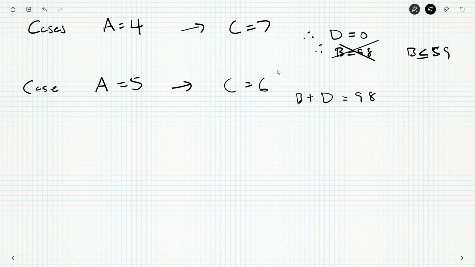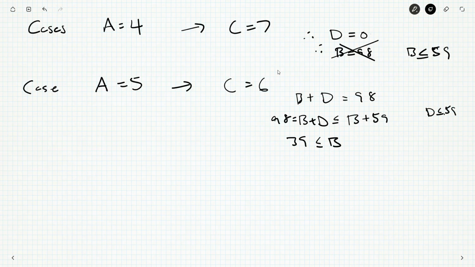So D is at most 59. That tells me, subtract 59 from both sides, B is at least 39. This is because D is less than or equal to 59.